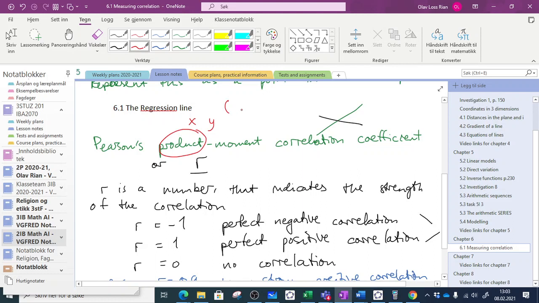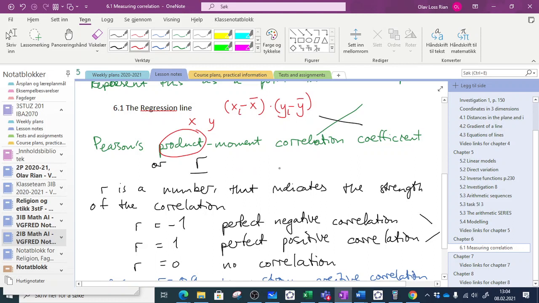So when we calculate this R value manually, we take each x value and then we subtract the mean value, and then we multiply that with the y value, where we subtract the mean of the y value as well. So this is what part of the formula will look like.